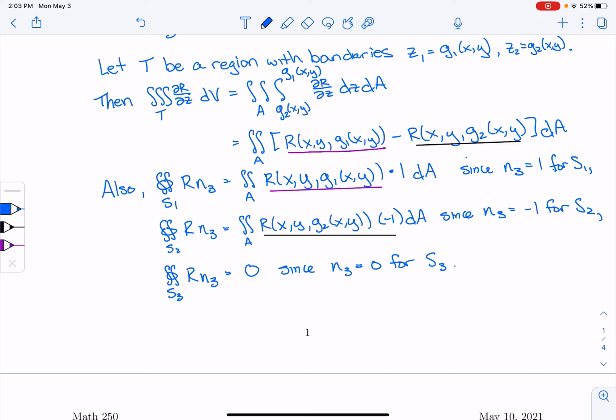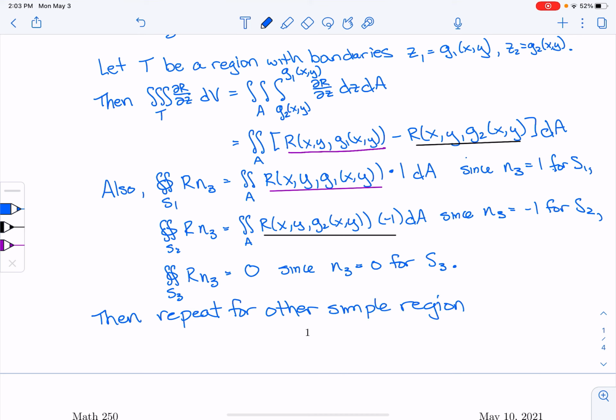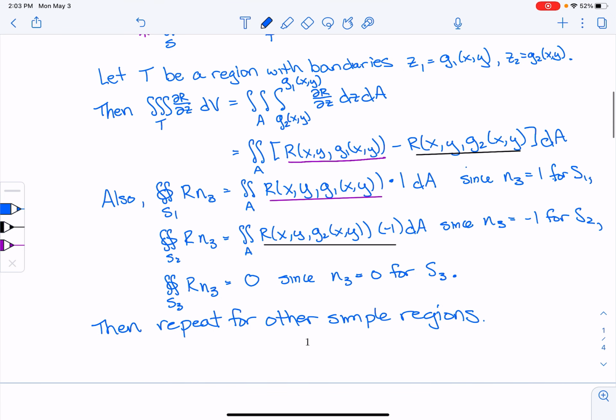So I have now shown that the divergence theorem works for this kind of region. Okay, so then we're going to repeat for other kinds of simple regions. And that, in fact, will prove the divergence theorem.